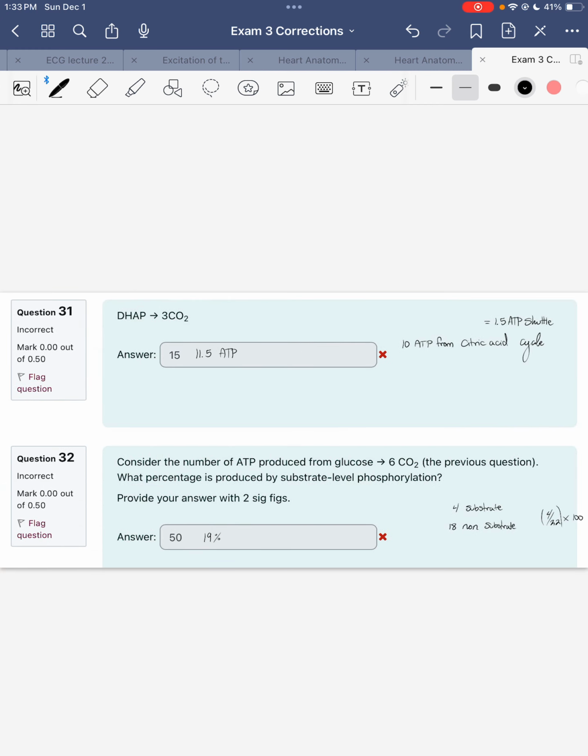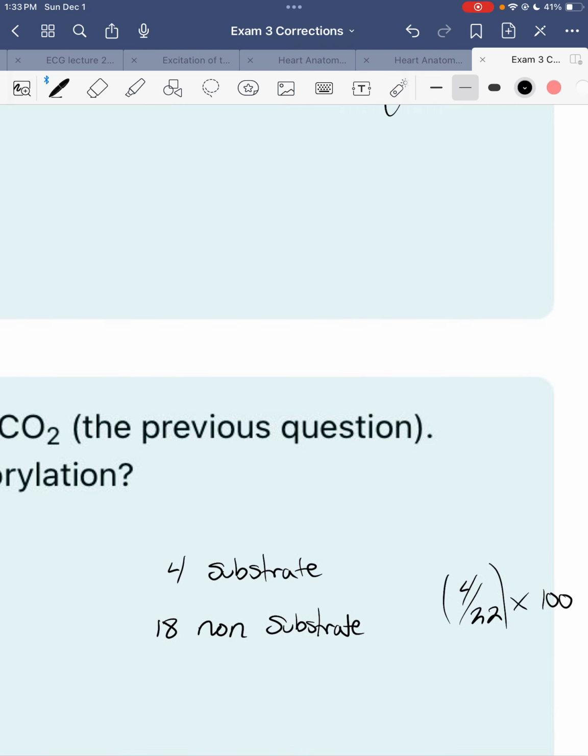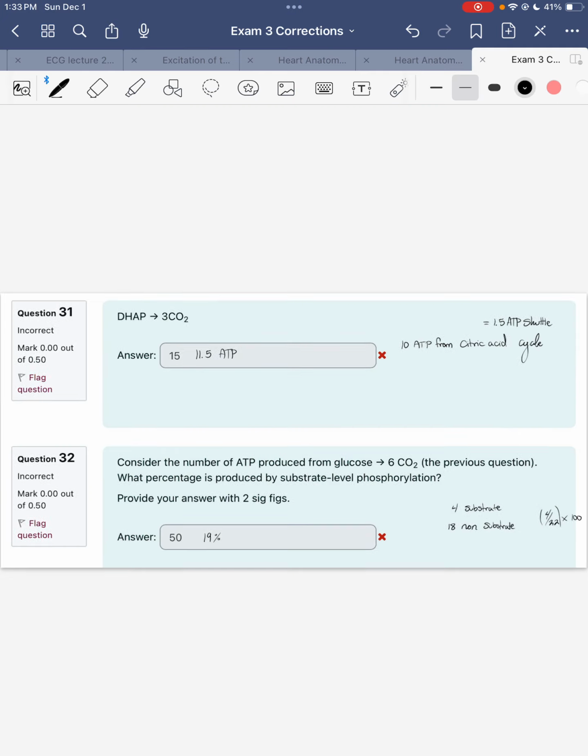You'll get 11.5 ATP in 31 because you get 1.5 from the ATP shuttle and then 10 from the citric acid cycle. And then from that, you'll get about 19% of those from the substrate level phosphorylation, because 4 from the substrate level and 18 are non-substrate.